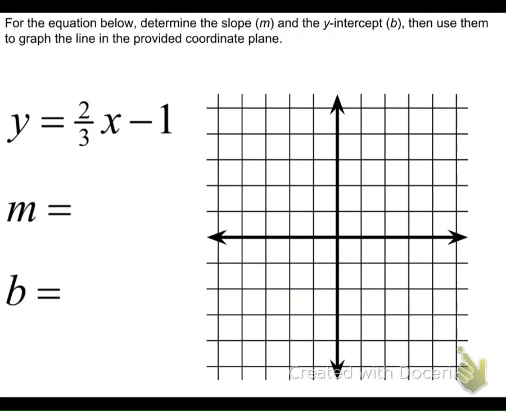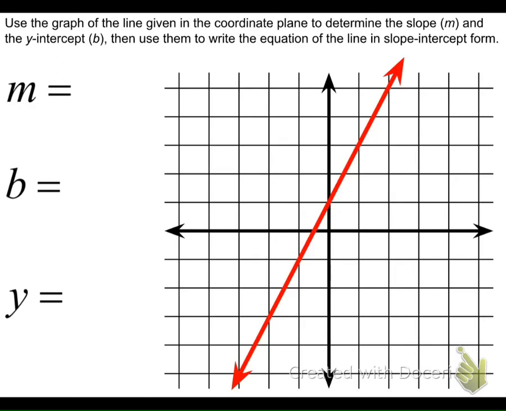All right, so let's look at the back side here. The first thing that you guys have got to remember is the slope-intercept form, which means the equation for slope-intercept form is y equals what?